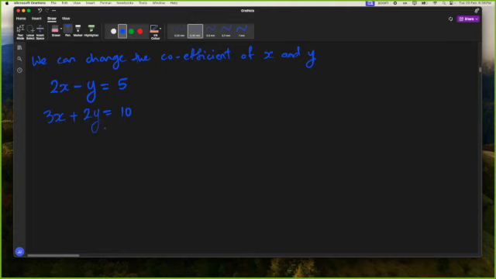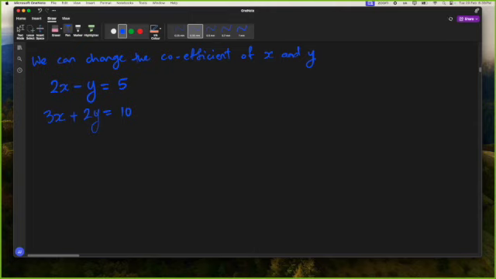None of the coefficients are the same. The x is 2 and this x is 3. So if I add or subtract, I can't eliminate x. And look at the y. The y here is minus 1. And this y here, the coefficient is 2. So if I add or subtract minus 1 from 2, I'll never get 0. So you cannot eliminate y. Just like that.